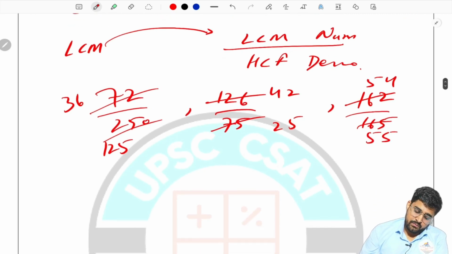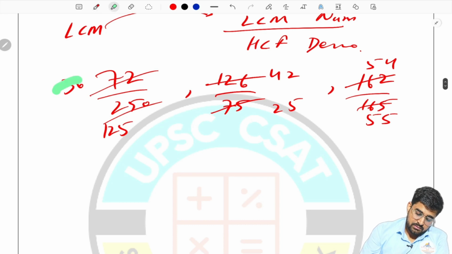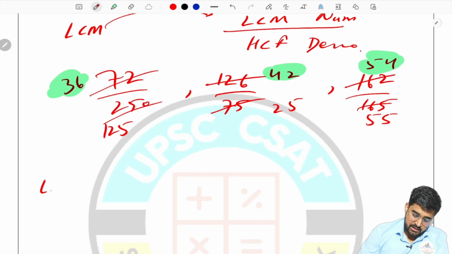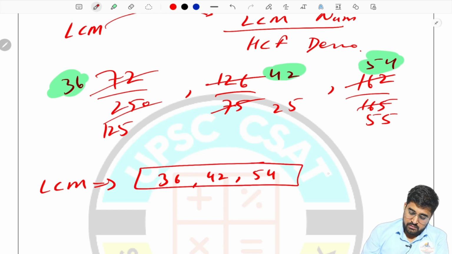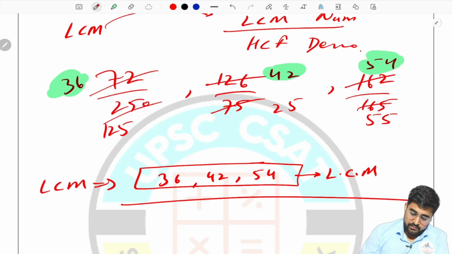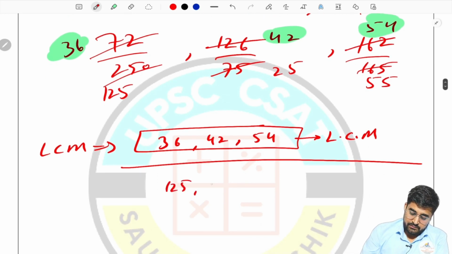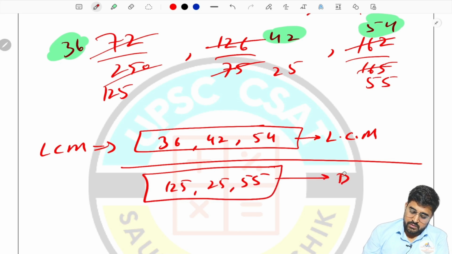Okay, now calculate the numerators. We are taking the LCM. Now take the numerators 36, 42 and 54, LCM, and for the denominators 125, 25, 55, the HCF.